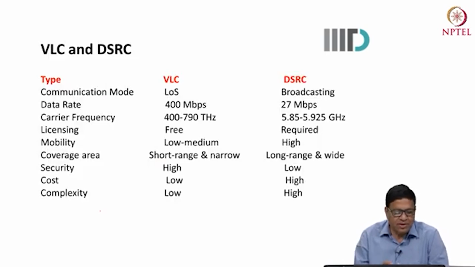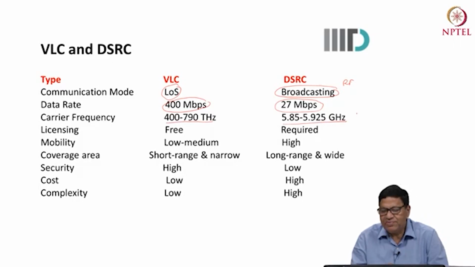So in short, the difference between visible light communication and DSRC: VLC is line of sight, it is broadcasting, whereas DSRC is the RF technology. People have demonstrated greater than 400 megabits per second, whereas in DSRC, as per the specifications, 27 megabits per second. This is the frequency of the visible range, and this is the frequency of the DSRC, 5.85 to 5.925 gigahertz.